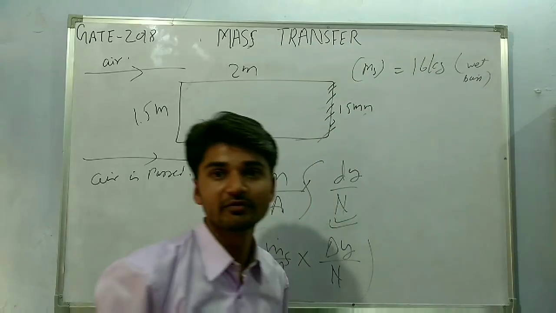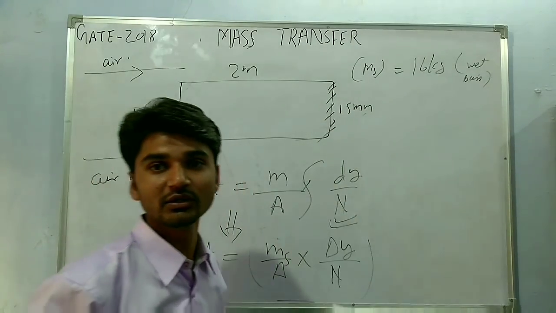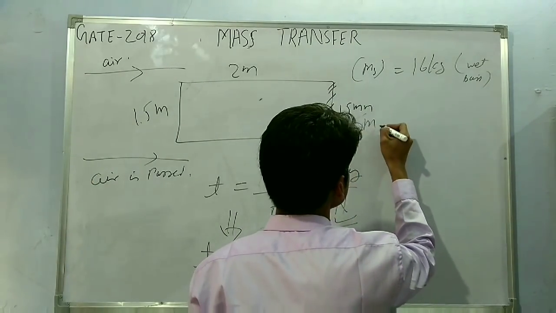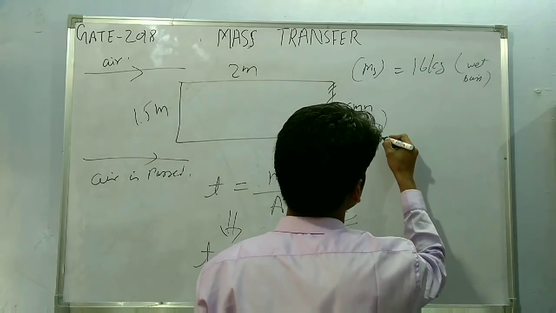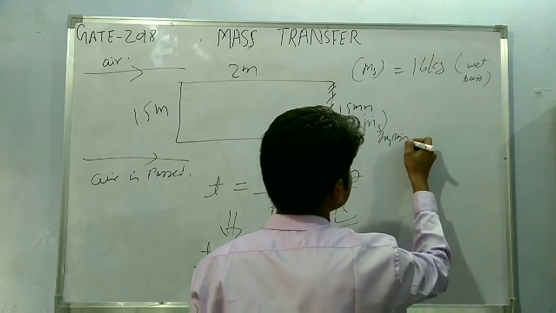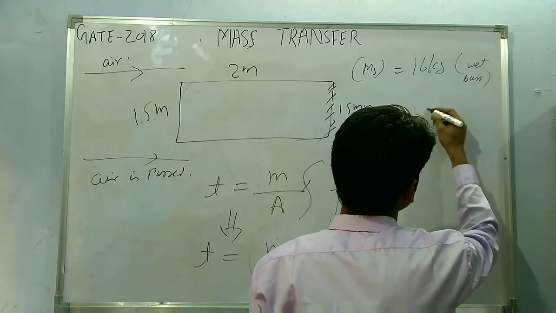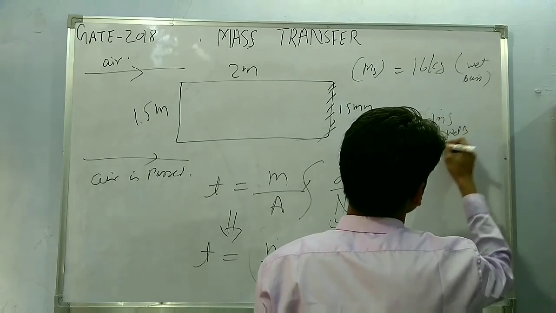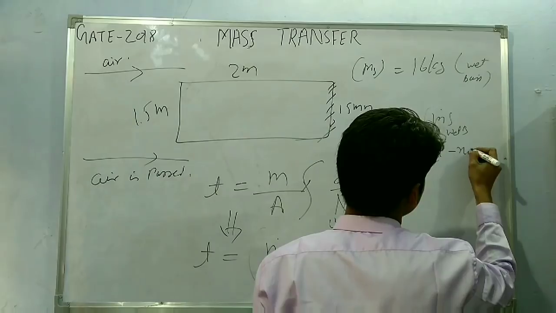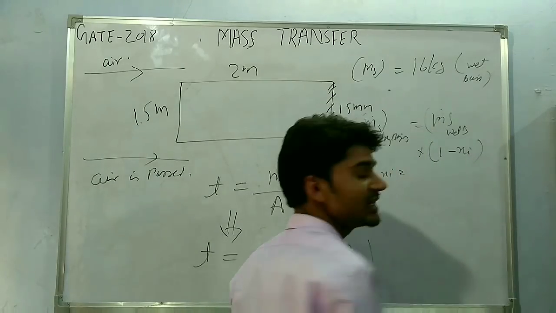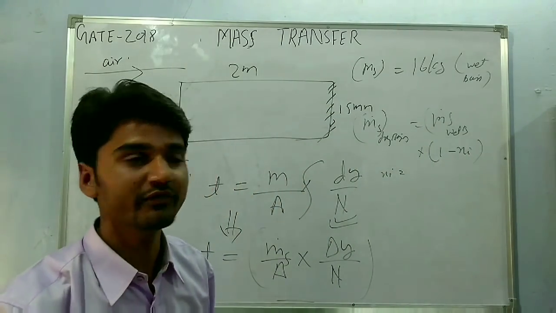So first we need to convert this wet basis into dry basis. That is given as mass of solid on dry basis equals mass of solid on wet basis multiplied by 1 minus xi, where xi is the initial moisture content on wet basis.